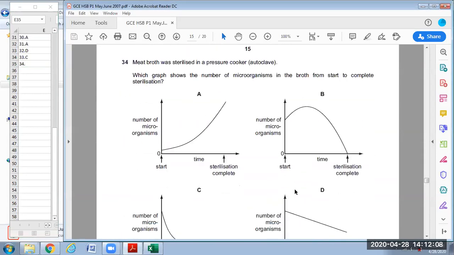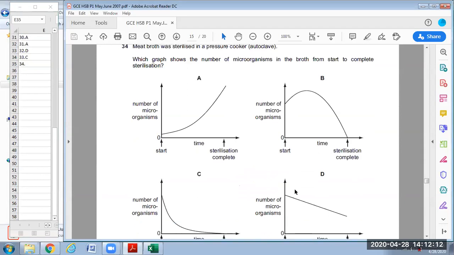34. Before, meat broth was sterilized in a pressure cooker. Which graph shows the number of microorganisms in the broth from start to complete sterilization? Okay, so high heat. The number of microorganisms is supposed to decline or drop.